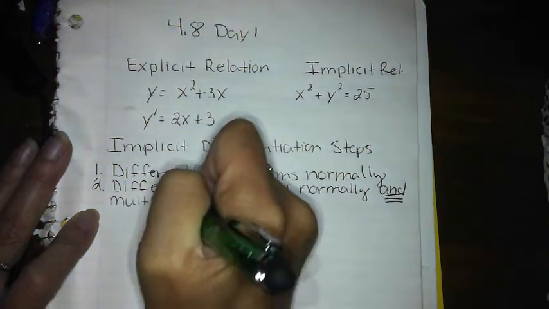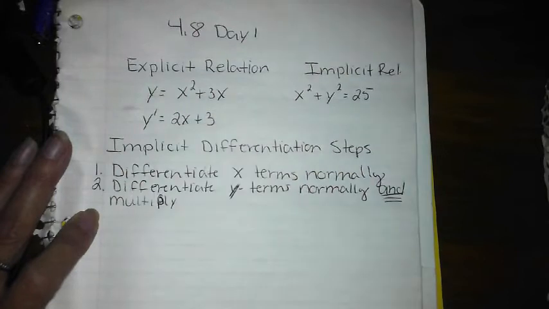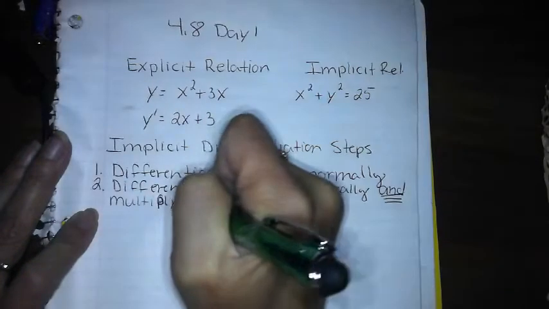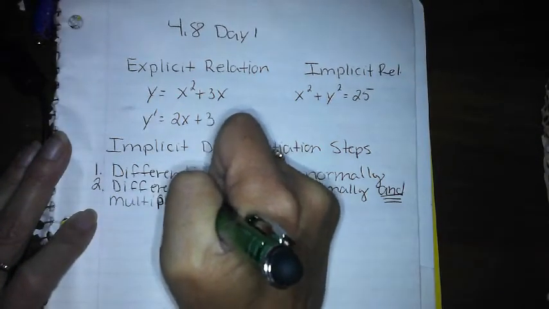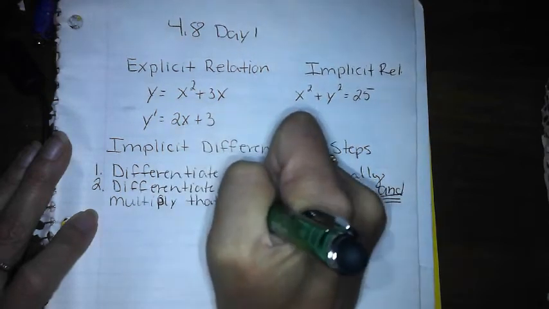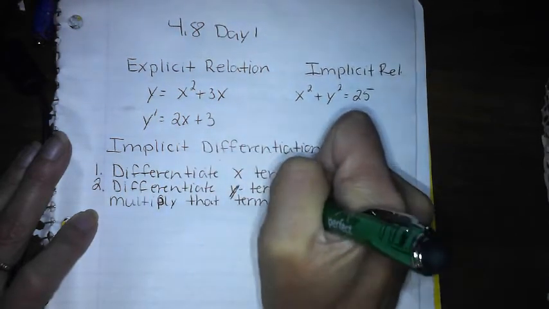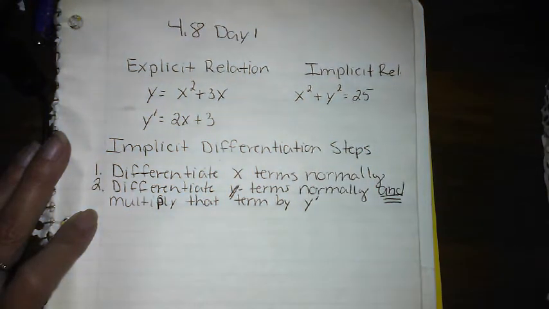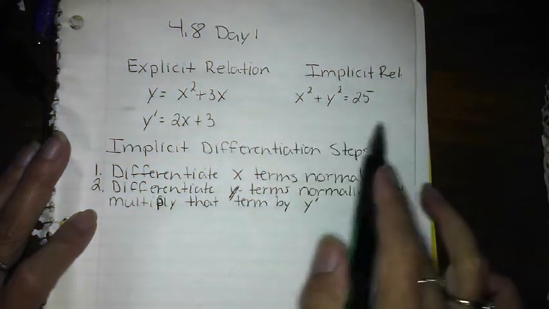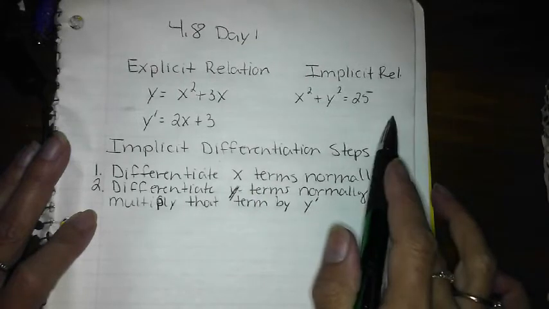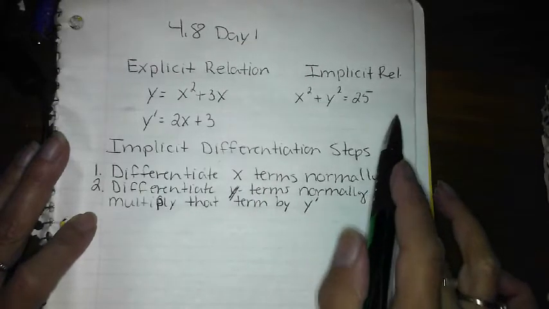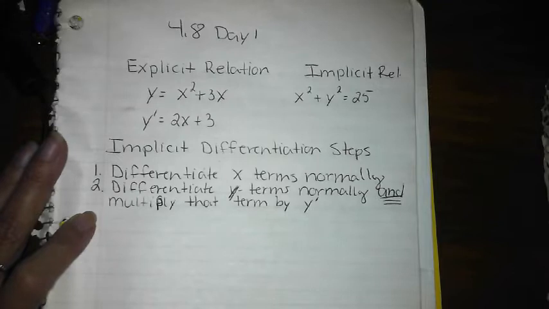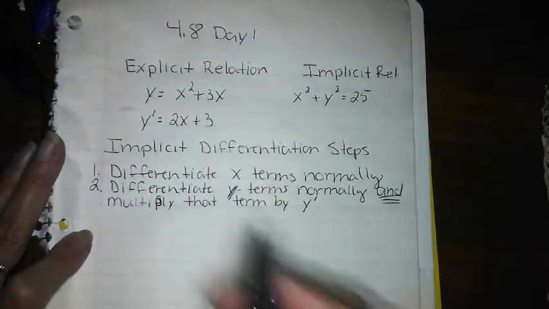Multiply, not add. Multiply that term by y prime. It's possible that you have more than one term in your implicit relation that has a y in it, so you might have more than one y prime. So we got to do a little algebra now.